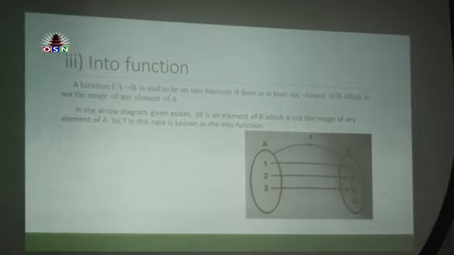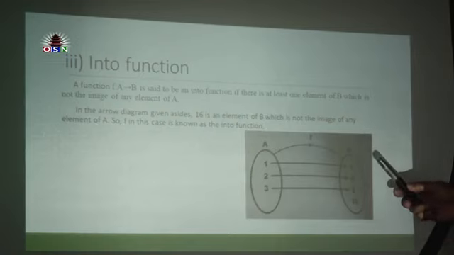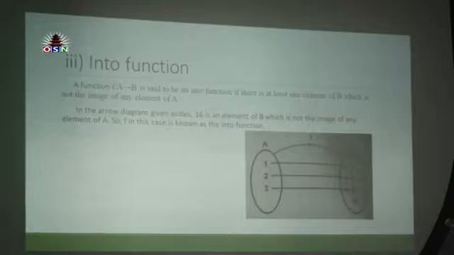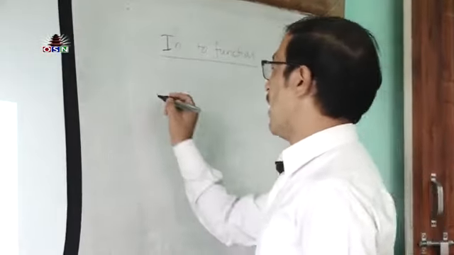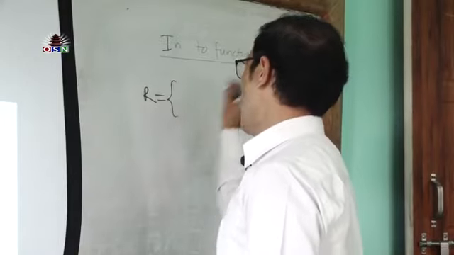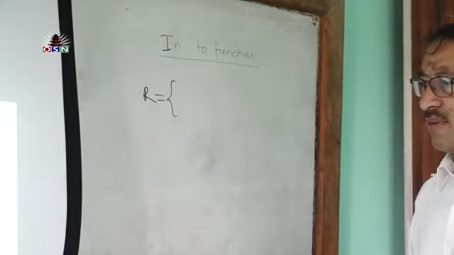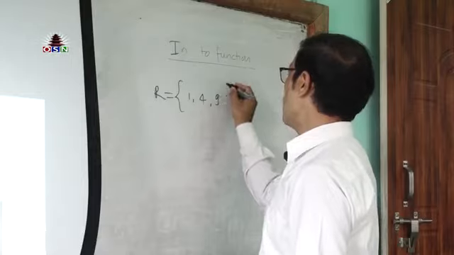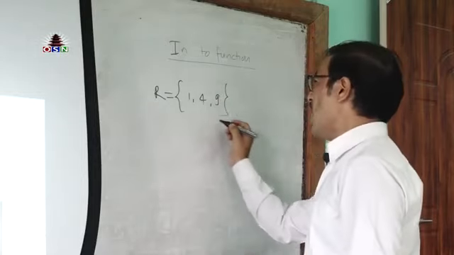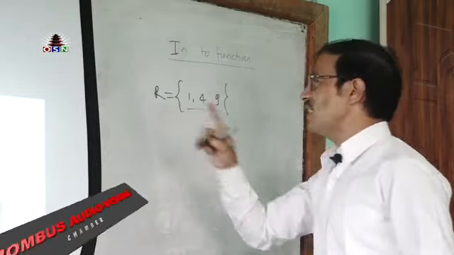And when we talk about codomain, it means the collection of 1, 4, 9 and 16 also. So to define into function, I am going to make a set of range. Set of range means, you just see here in the diagram, 1 is an image, 4 is also an image, 9 is also an image. So these are images. The collection of images is called range.